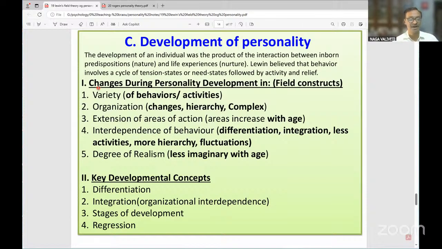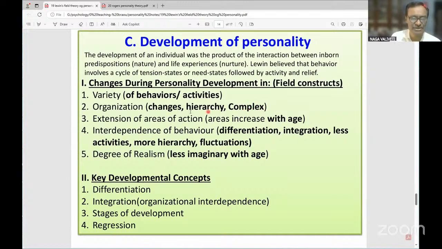In terms of the tasks, he says that the variety of tasks and behaviors one undertakes as the age grows, and the organization of these tasks will be changing, whether it is regions or cells or P or C, region or sub-region.